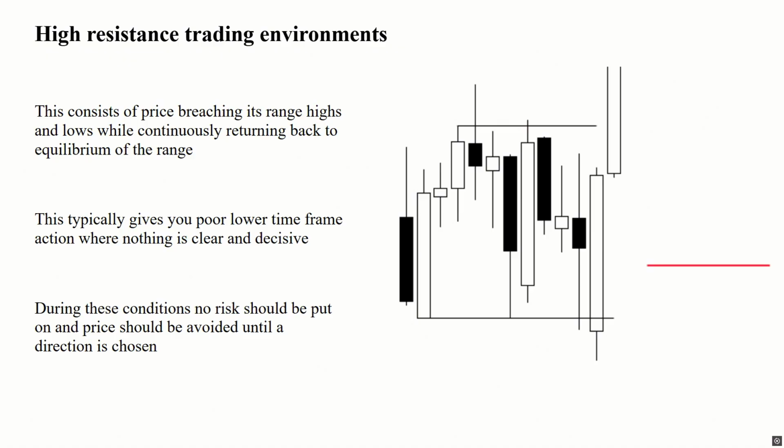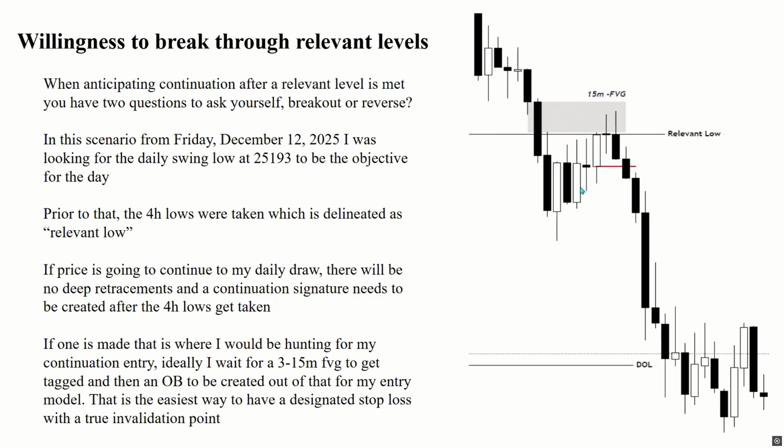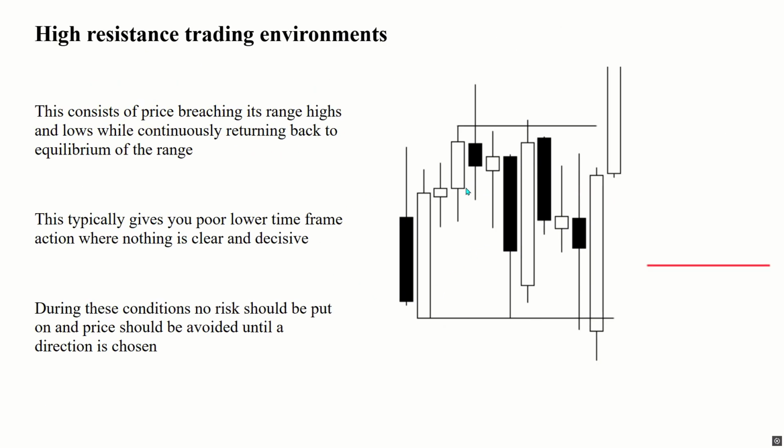During these conditions, no risk should be put on, and price should be avoided until a direction is chosen. This is where it's hard, because look how many days of price were inside a range. Even myself, this is hard for me, to sit on my hands.